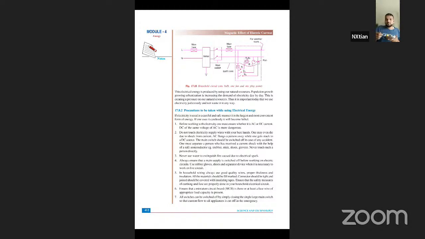Good. So basically, DC current is more dangerous than AC. DC current has about 1.43 times the power of AC. Not the perfect value I'm getting, but it's 1 point something.